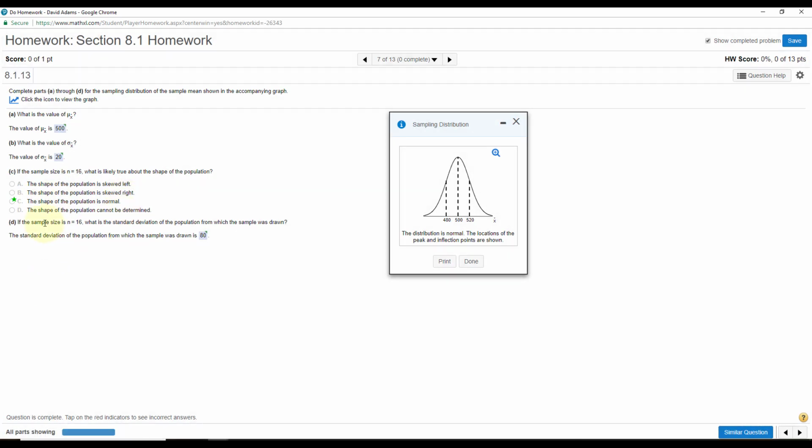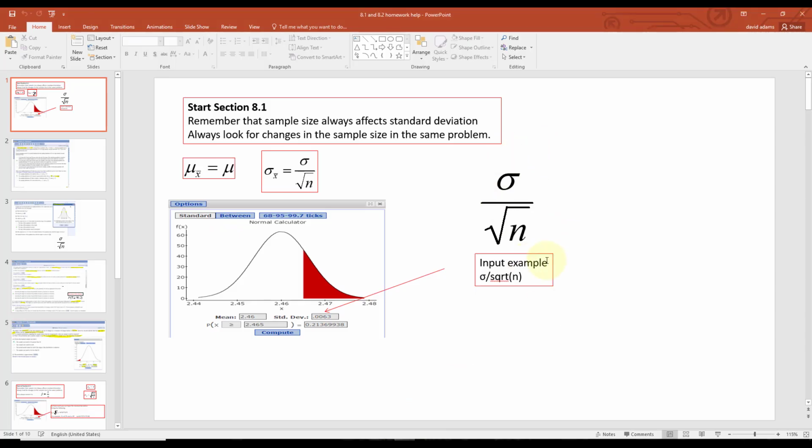Okay. Now, they want you to compute sigma, the standard deviation of the parent population. So what you're going to have to do, look at this. Your numbers will be different, but this value is 20, n is 16, so we go back to this formula right here, and over here on the left I put in 20.